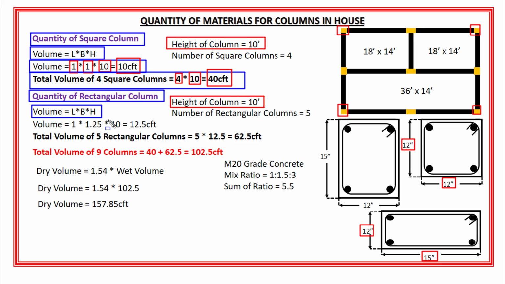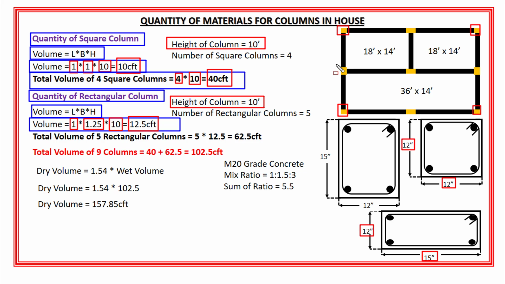So the volume of rectangular column is equal to 12 inches, which is equal to 1 feet, multiply by 15 inches, which is equal to 1.25 feet, multiply by 10 feet. And the volume of rectangular column is equal to 12.5 cubic feet. Now this is the volume of only one rectangular column, right?